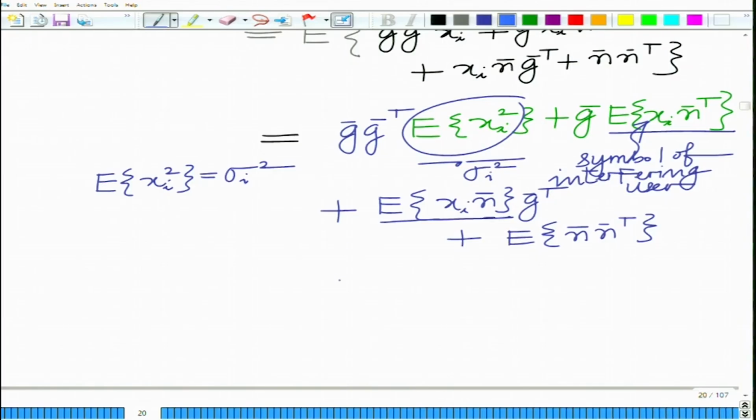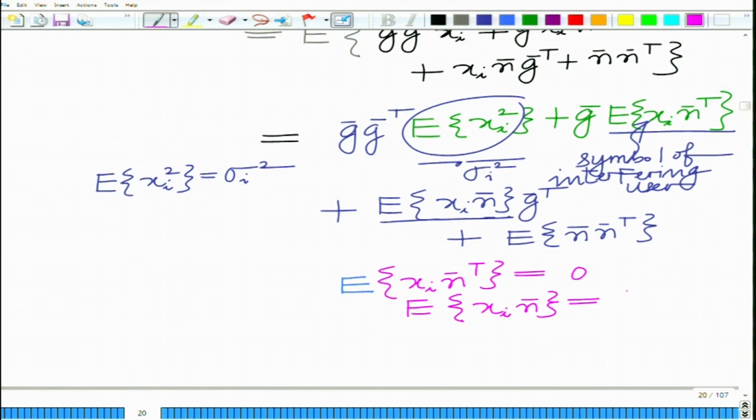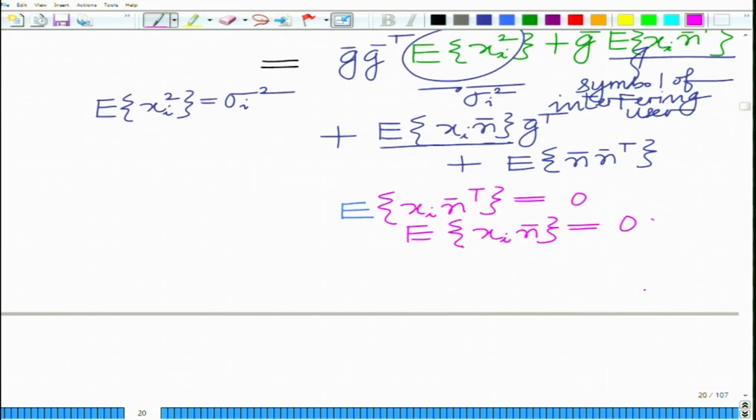This is the other assumption, which is very intuitive, but it is worth clarifying. These are not equal, in fact one is a row vector, the other is a column vector. The expected value of xi n bar transpose is 0, and the expected value of xi n bar equals 0.